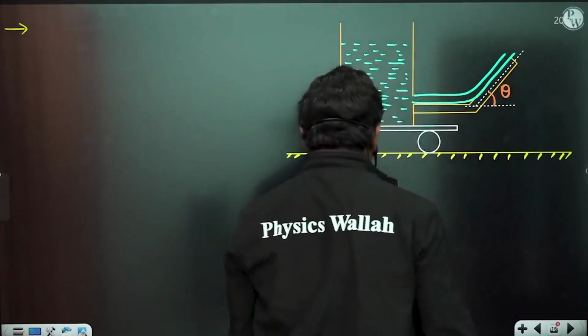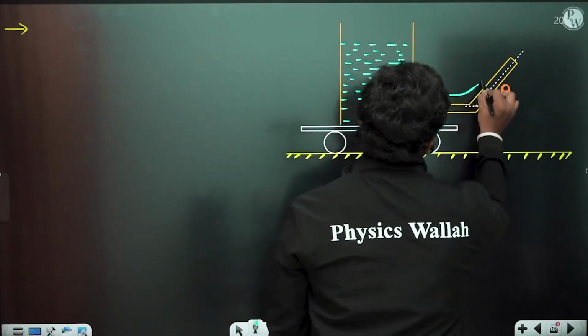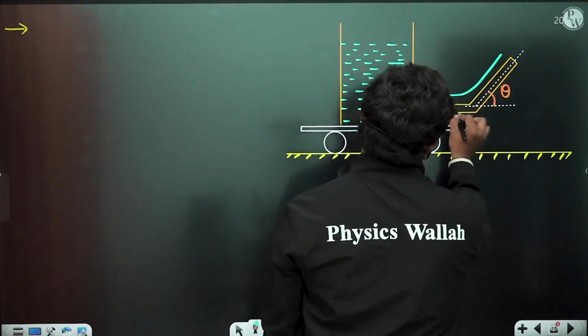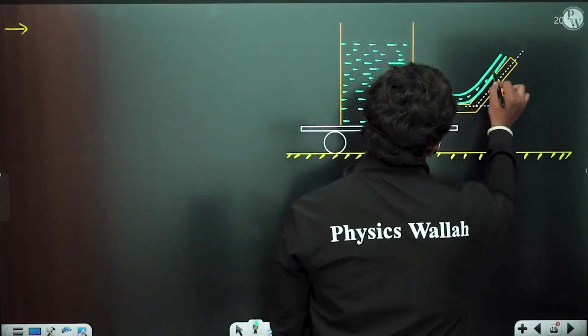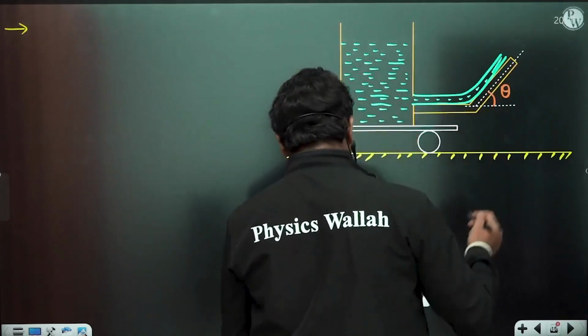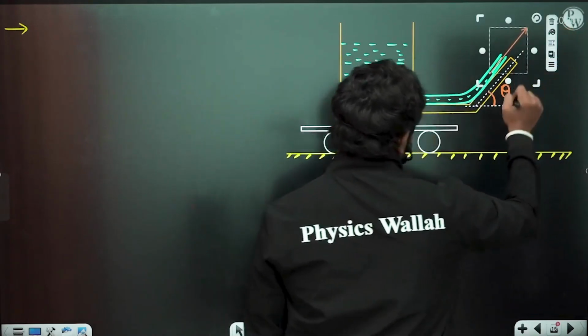Let me draw a little neatly. There is some fluid coming in this particular direction. It is being thrown out at some velocity like this. Okay, so this is V.